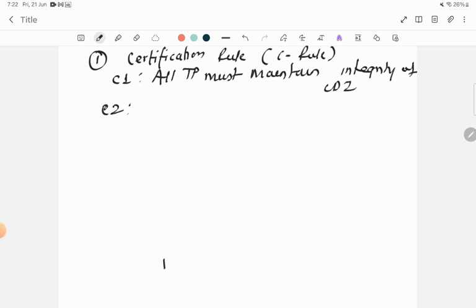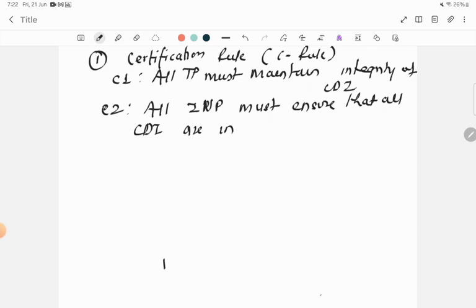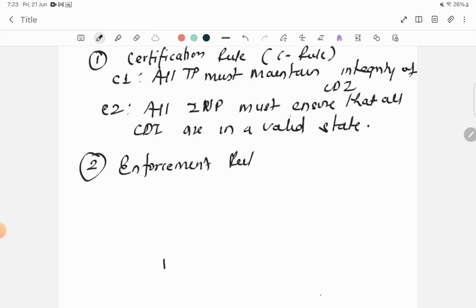The second rule, C2, says that all IVPs must ensure that all CDI are in a valid state. Same thing that we talked about earlier. The second set of rules is known as the enforcement rule, also known as the E rule.